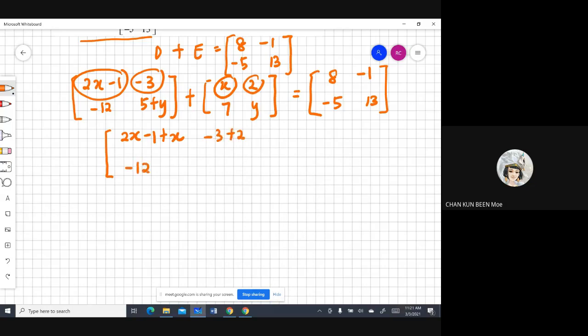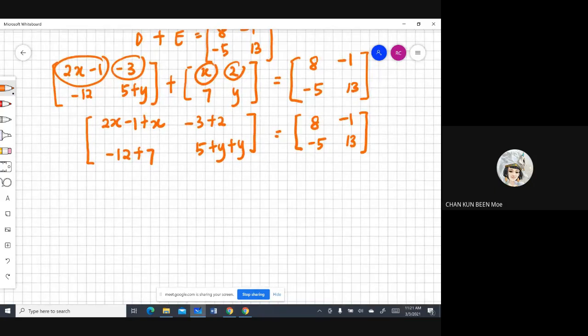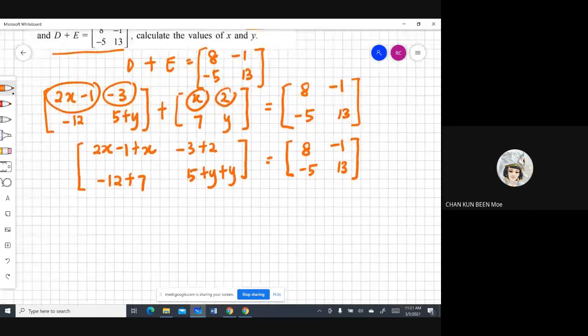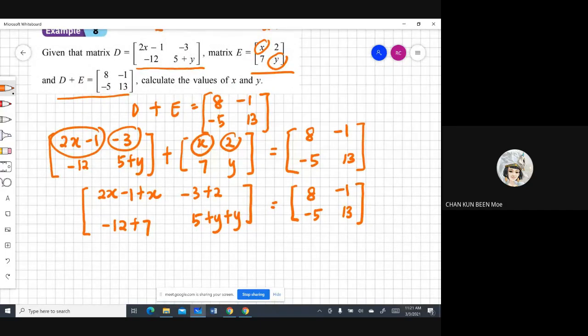Negative 12 plus 7. 5 plus y plus y is equal to 8, negative 1, negative 5, 13. Okay, you must show this because I already asked the previous Form 5 teachers. They said in the exam, no matter how, you have to show all of this, because I know some of you can get the answer very fast.